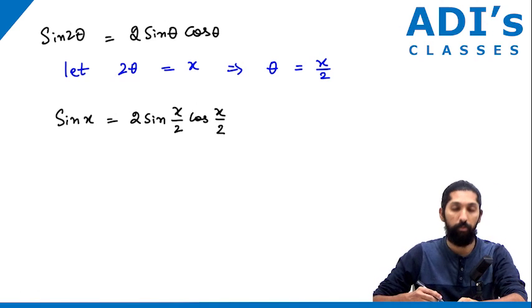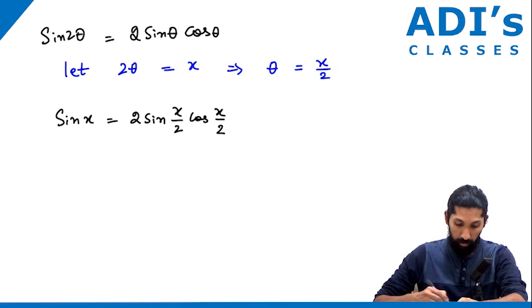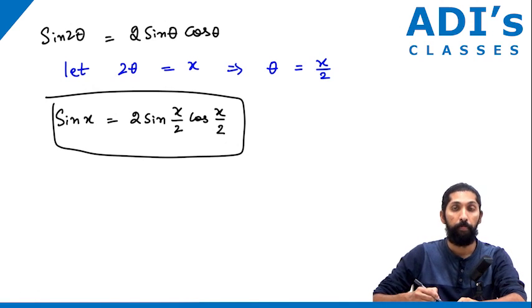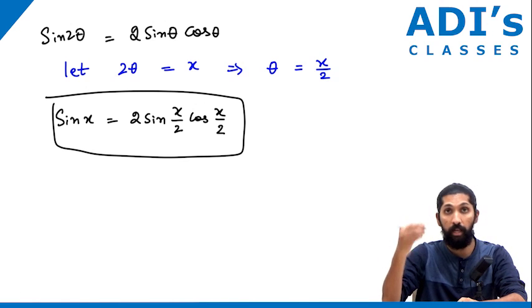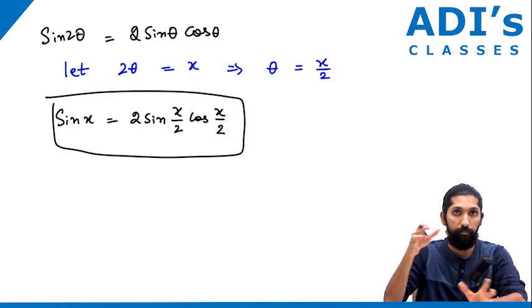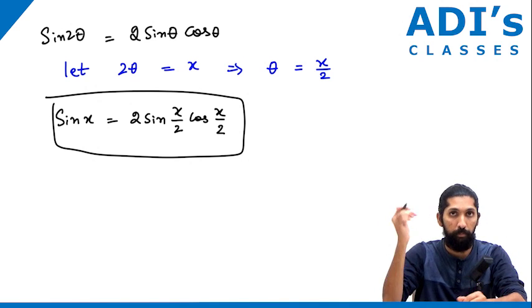2 sin x by 2 cos x by 2. See, this becomes one of the identities, and this is a submultiple angle, because we are expressing an angle in terms of x by 2, correct? So this is basically submultiple.